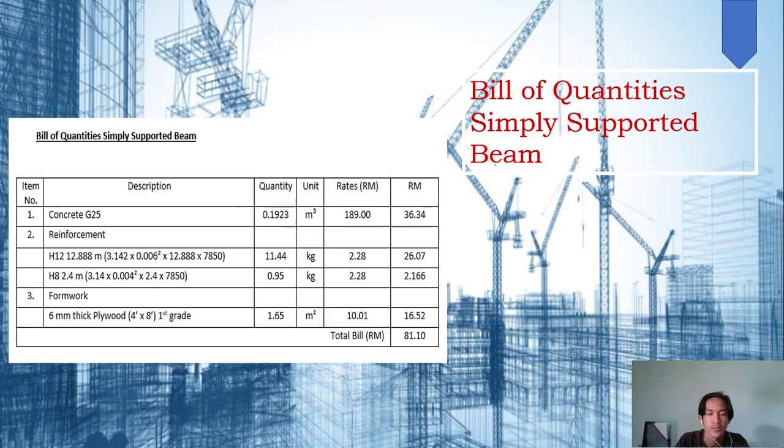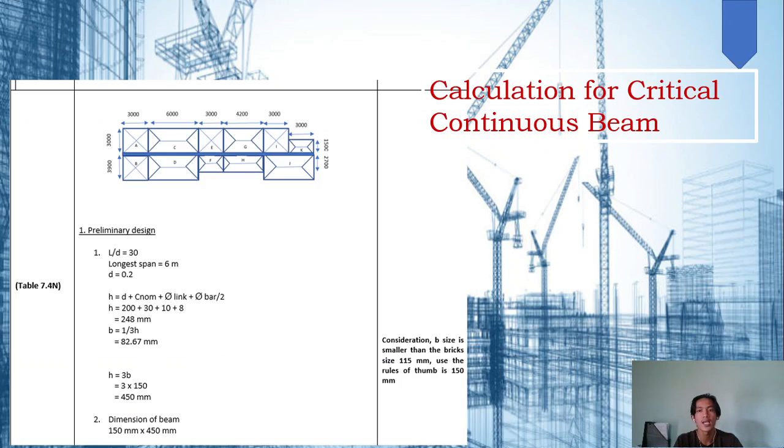And the price of the formwork that we will use in simply supported beam is RM 60.52, and then the total bill is RM 81.10. That is for the simply supported beam.